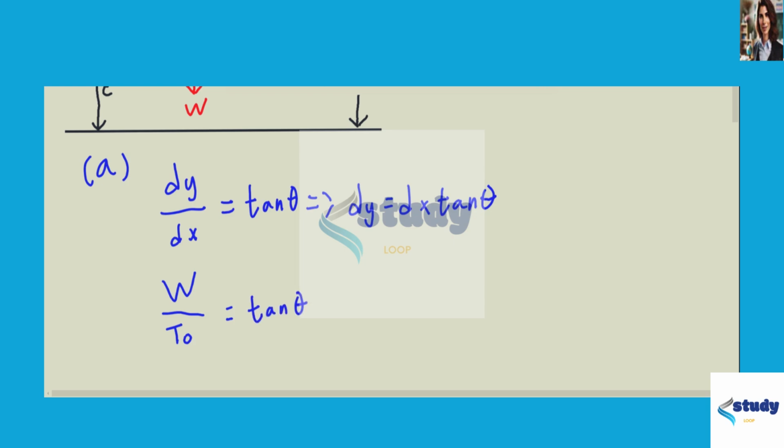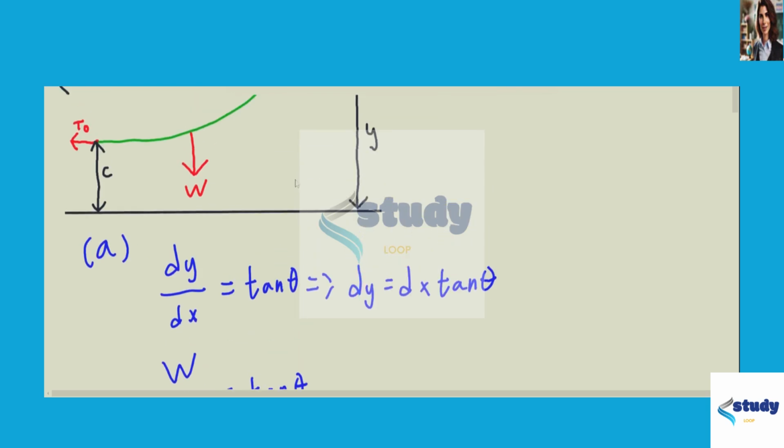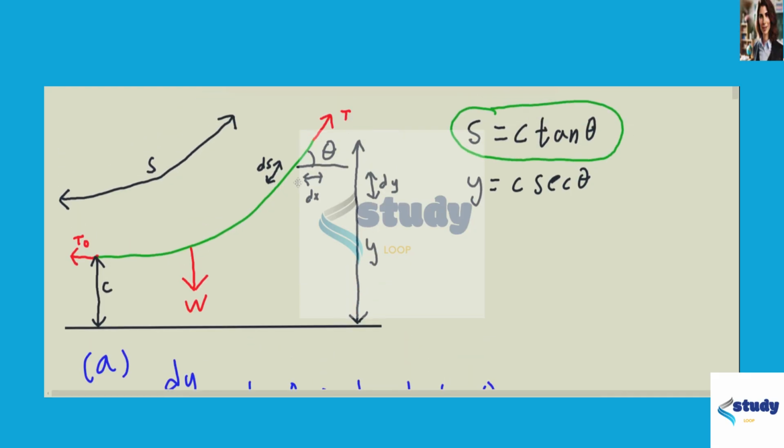And we can see that this is true because if we look at the free body diagram, and if we look at the opposite of this angle, we can see that it's going to be this weight W, right? And then if we look at the adjacent of this angle, it's going to be this tension T naught.